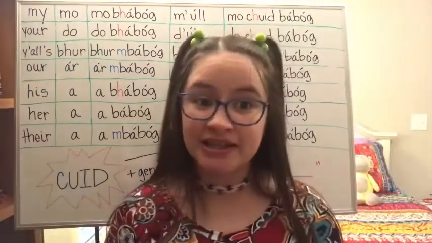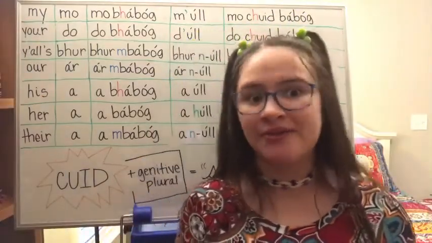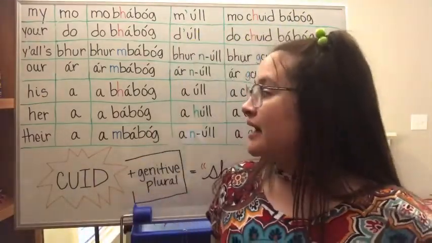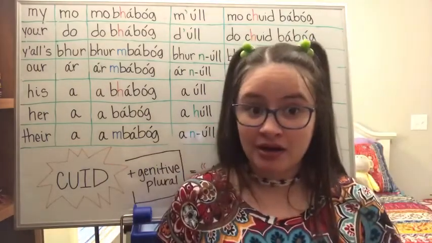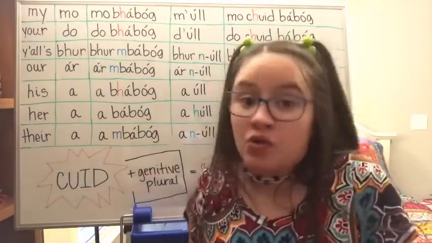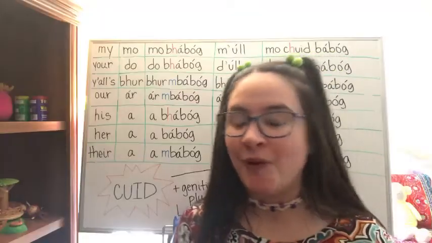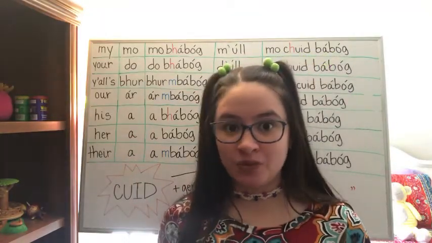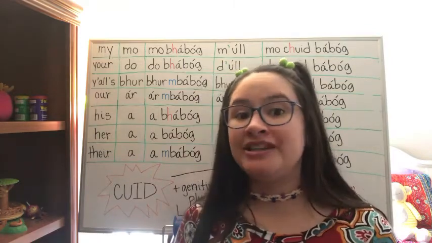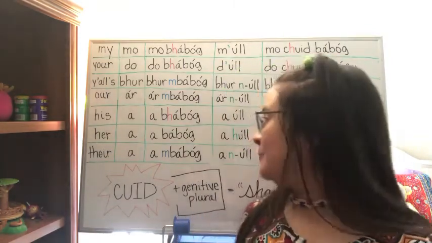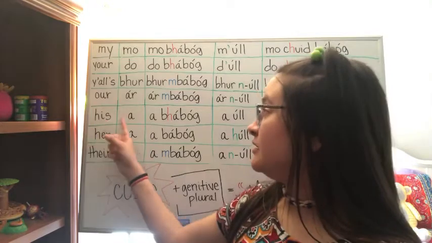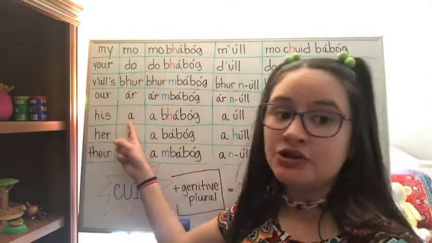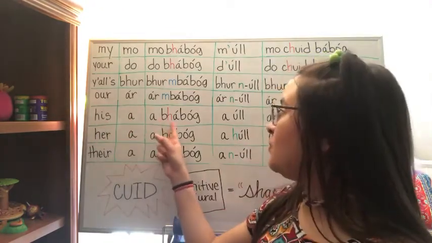Before I get into this, I will say, because you're going to notice it right off, that his, her, and their are all the same word. Well, if it's all the same word, then how can we tell the difference when we're speaking? There's a really easy way, and I'll show you right now. So, his. His doll is a bhabóg.